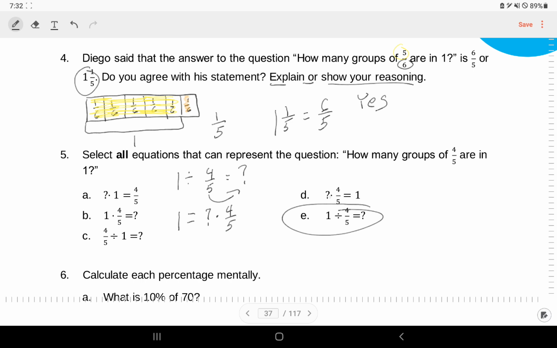So question mark times 4/5 is equal to 1 is choice D. Now we can also do 4/5 times question mark equals 1. Well, no. And so it's just D and E. And so that's it.